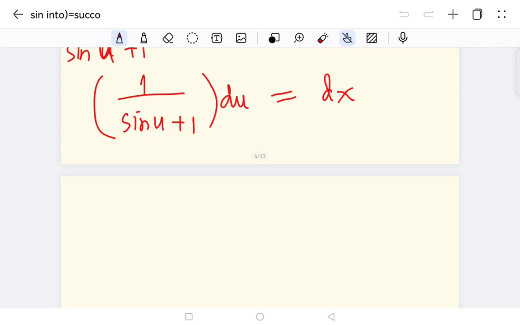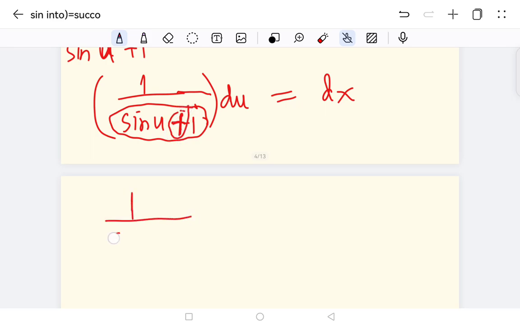I'm going to do another manipulation. If you remember, when the denominator is like this, we try to avoid too many variables on the denominator at the bottom. So let's multiply by the conjugate, which means the opposite of the operation. The opposite of positive is negative.